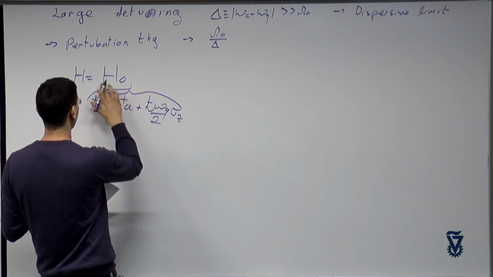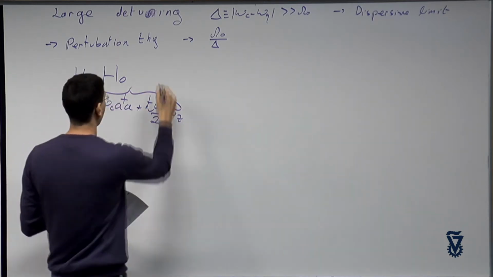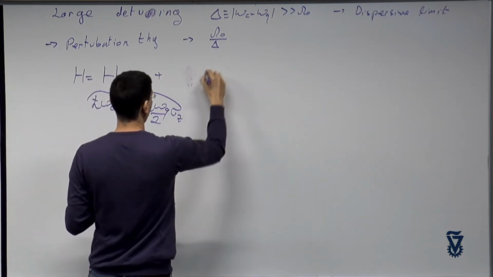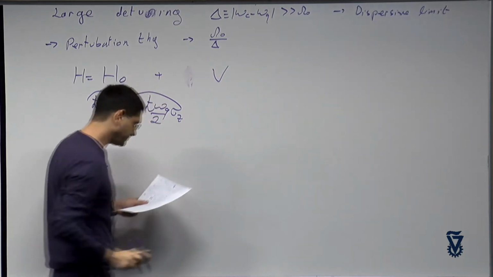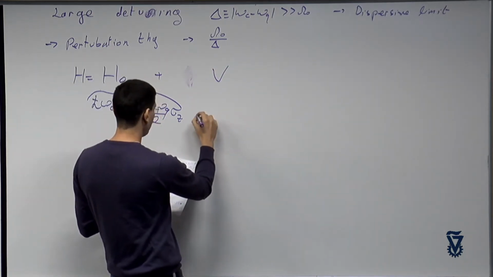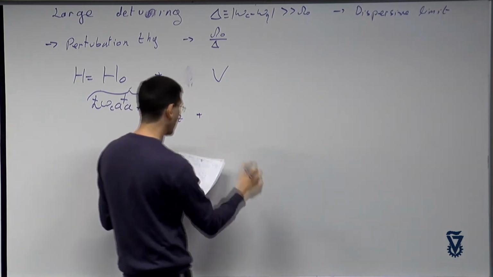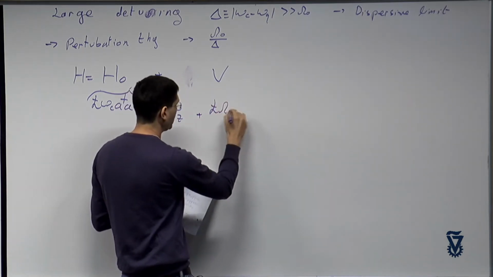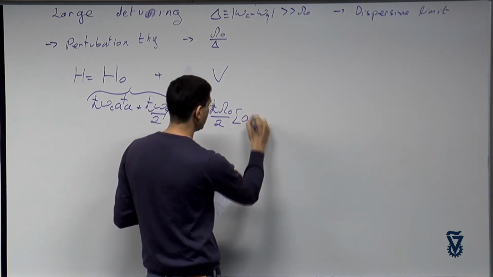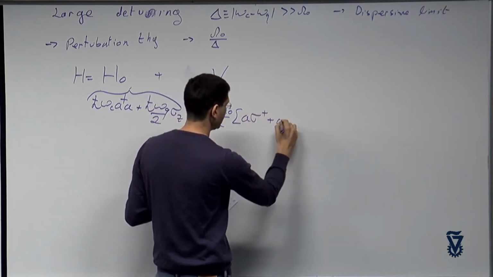That's H naught plus V, and V is just h bar omega naught over 2 times a sigma plus plus a dagger sigma minus.